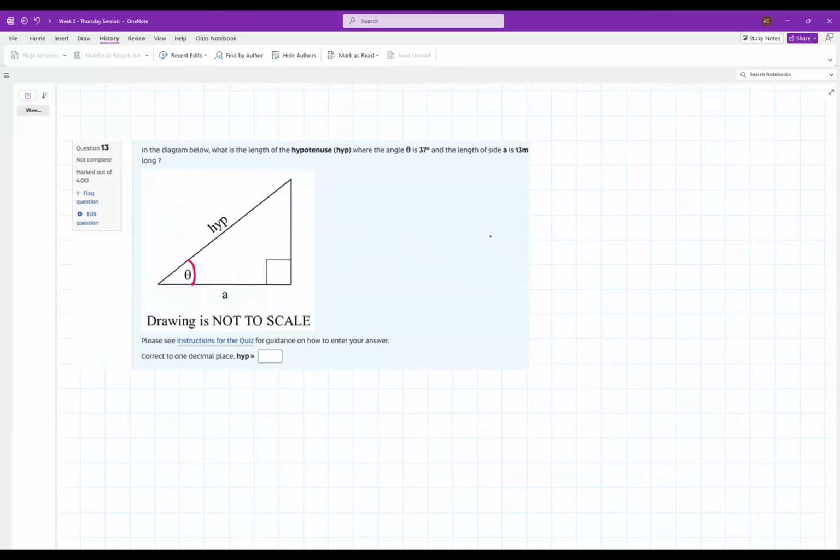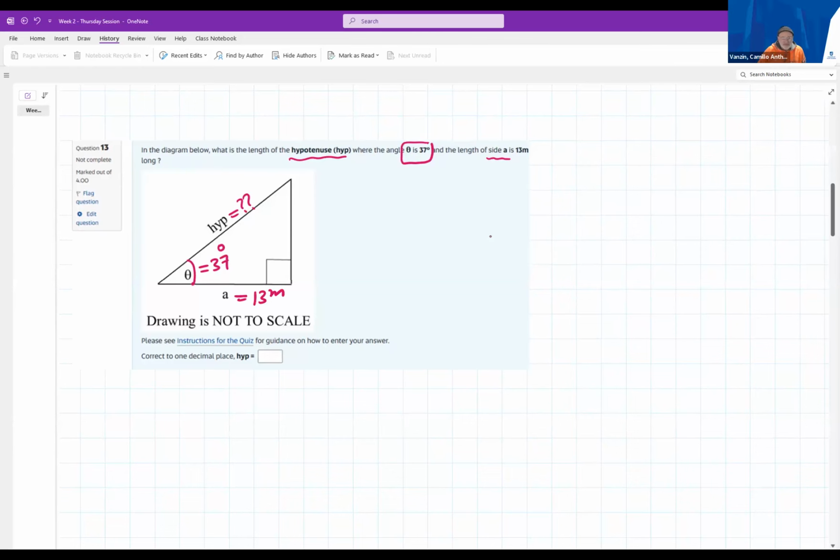The question asks for the length of the hypotenuse, where theta is given as 37 degrees and the length of the adjacent A equals 13 meters.